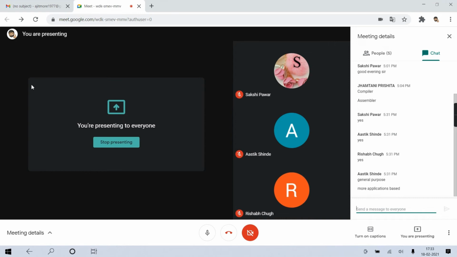Okay, good. Then block structured. Rishabh and all, you're able to hear me? Sakshi, Rishabh. Block structured. Why do we call it block structured? Please answer, guys.